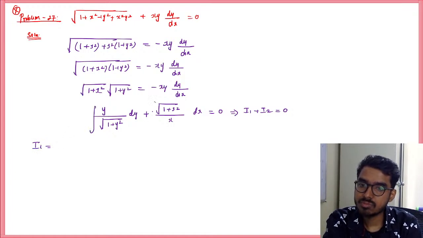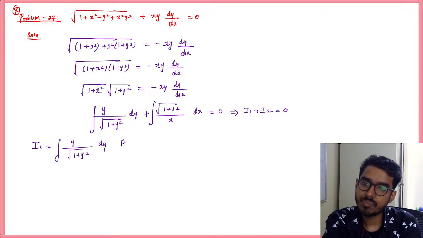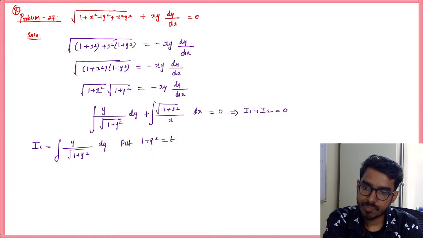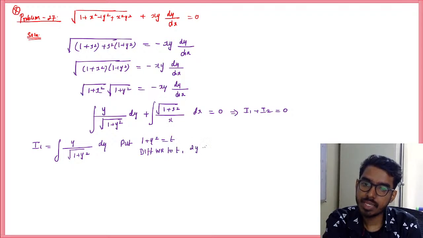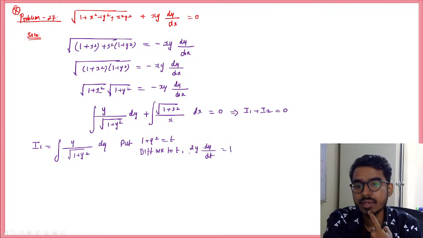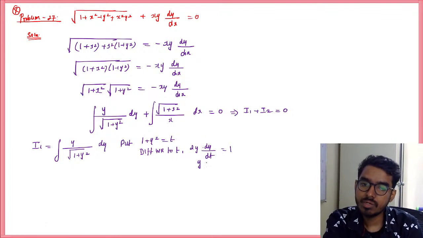integrate this also. So I1 is the integration of y divided by root of 1 plus y square dy. So put 1 plus y square equal to t. So differentiate with respect to y. So we have 2y dy by dt equal to 1. Right? So we have y dy equal to dt by 2.